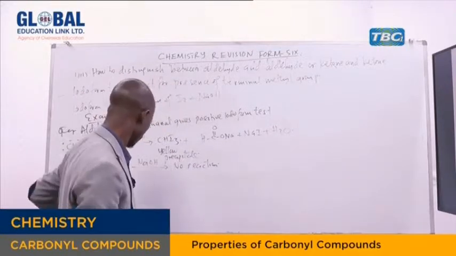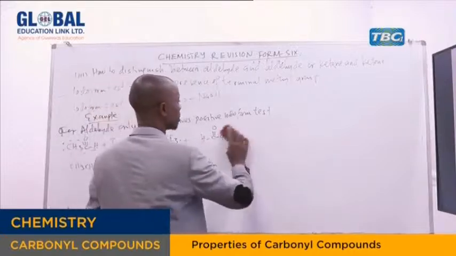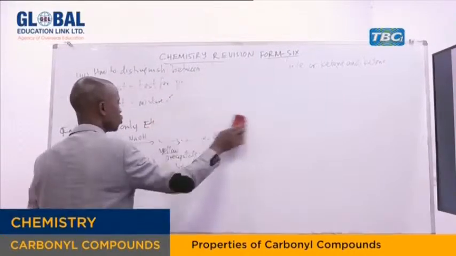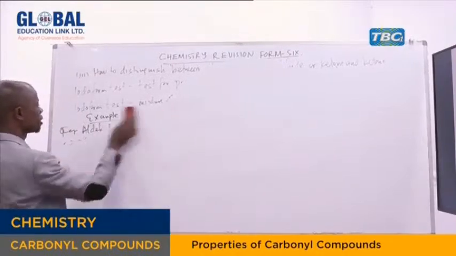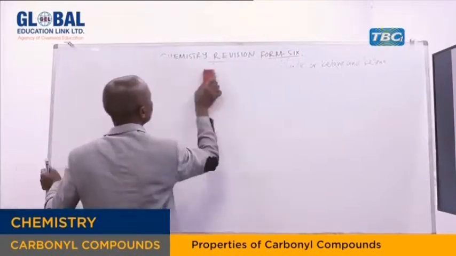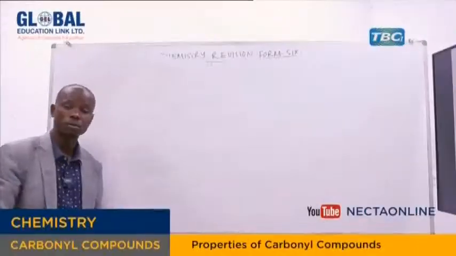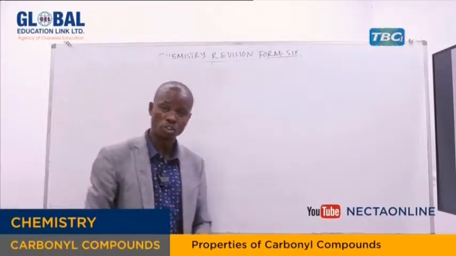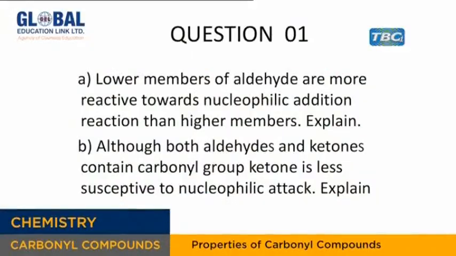Now, from here, we can look at some possible examples, some possible questions that you may meet in this particular area. Here we have some examples. This is the first one. The first question says: lower members of aldehydes are more reactive towards nucleophilic addition reactions than higher members.